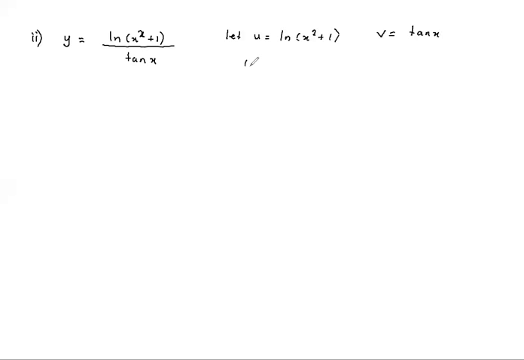To differentiate u, you differentiate what is inside ln. What is inside ln is x squared plus 1, so you get 2x, and then divide by the whole thing inside ln. Every time you find ln and you are differentiating, that's what you do: you differentiate what is inside ln and then divide by the whole thing inside ln.